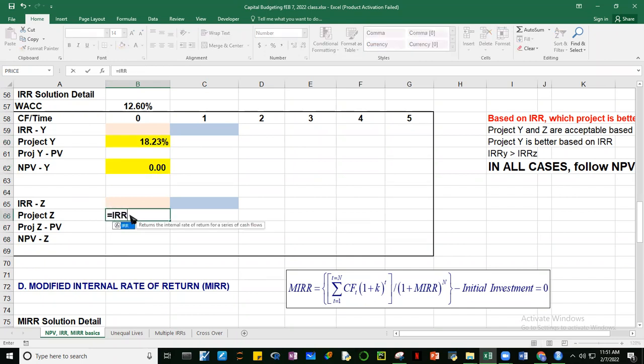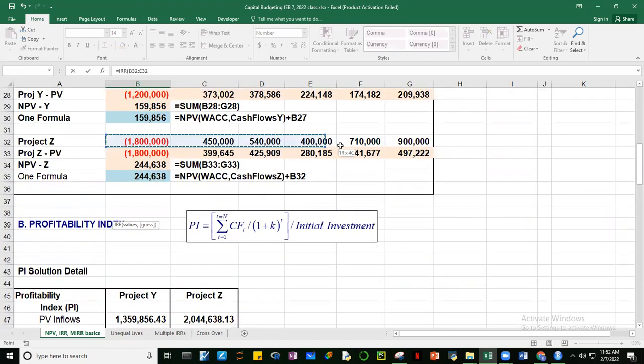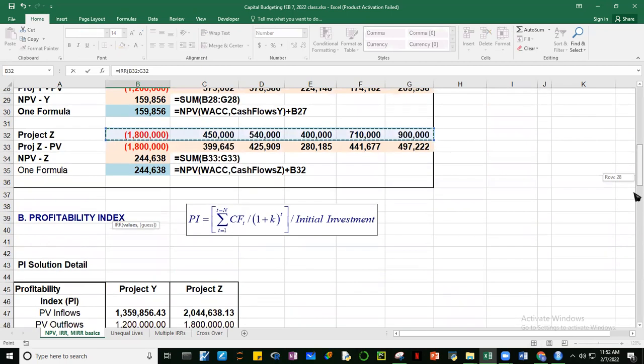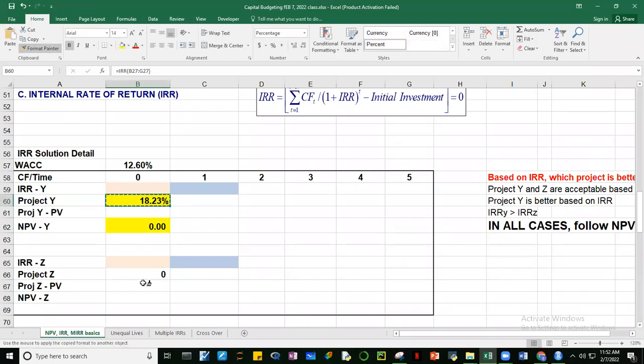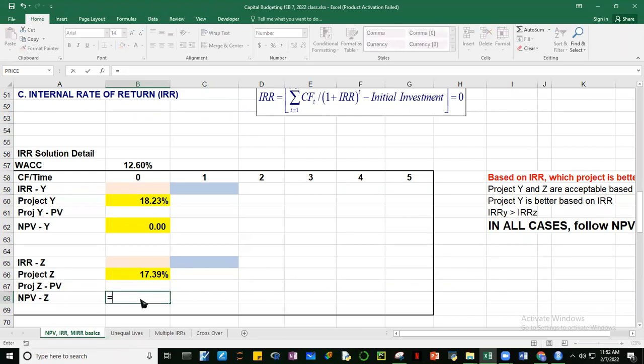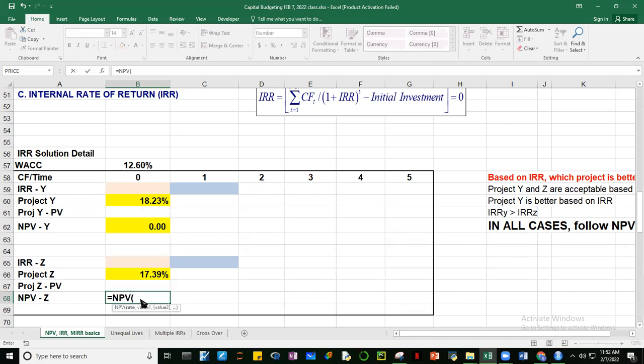Let's get the IRR of Project Z. Ang values natin are again the original time series. And then ignore the guess. Copy natin yung format nito. Okay. And then let's compute, guys, kung ano yung NPV at a rate of 17.39.